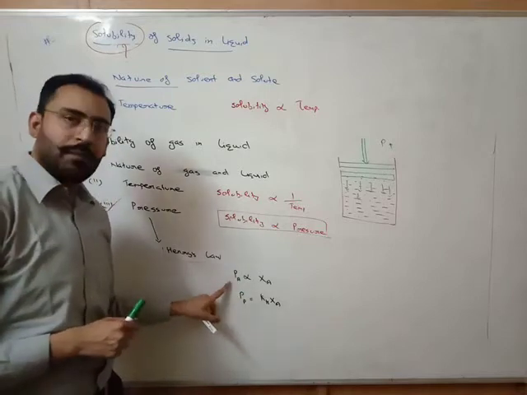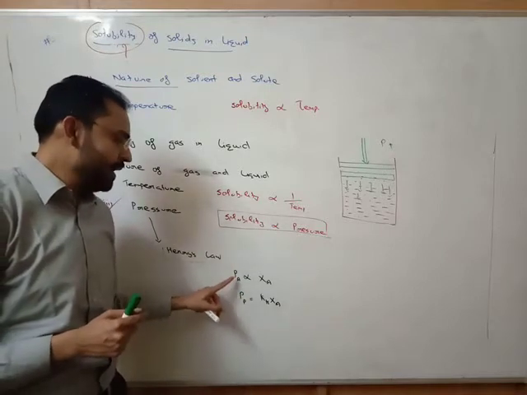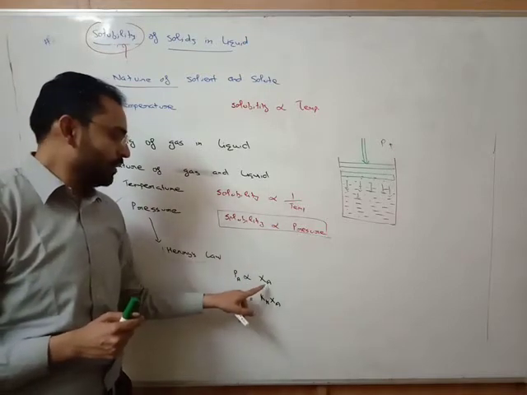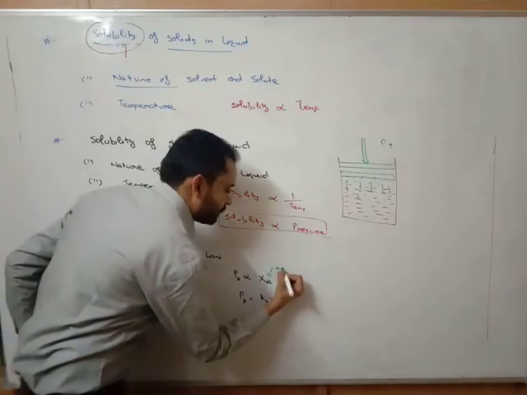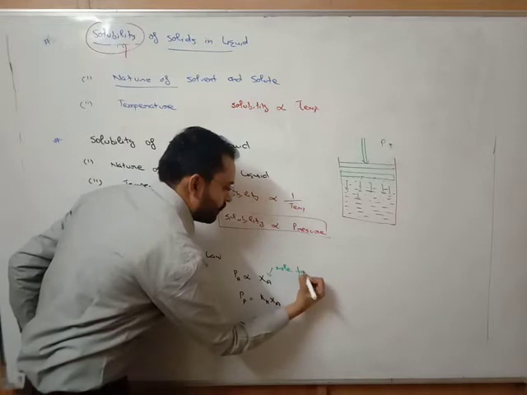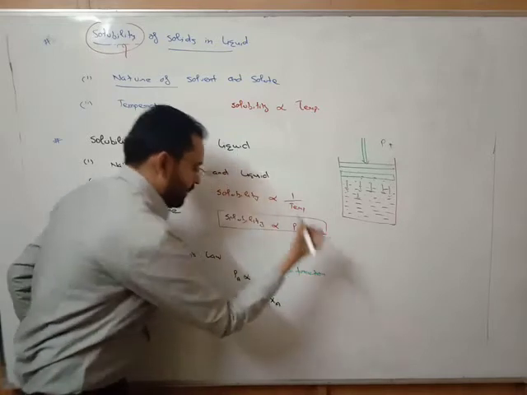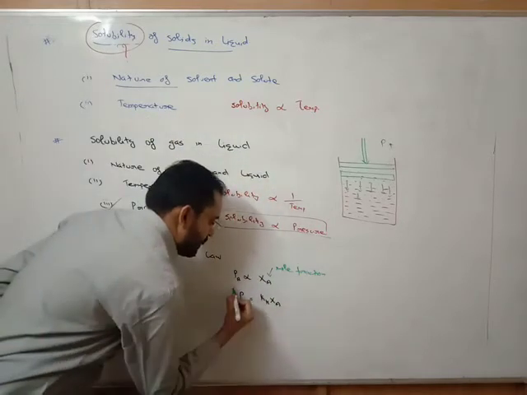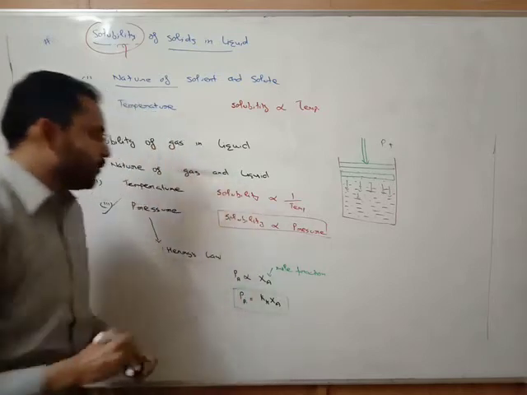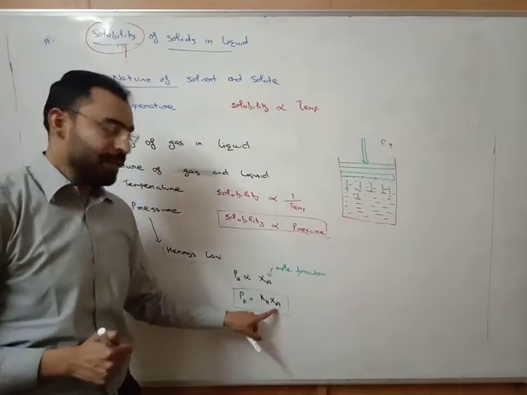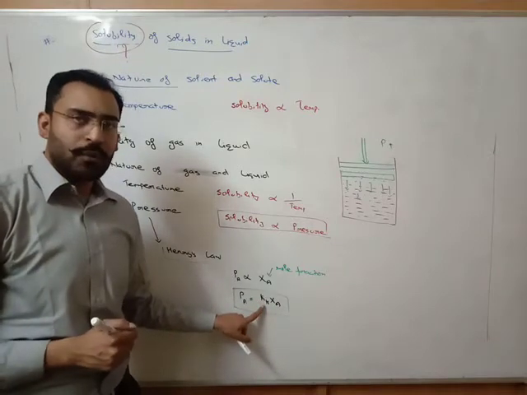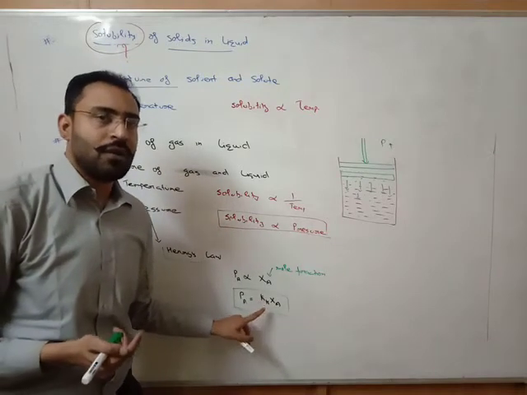That is, partial pressure of gas in vapor phase PA is directly proportional to XA, that is its mole fraction. PA is equal to KH into mole fraction of gas A, where KH is constant of proportionality known as Henry's law constant.